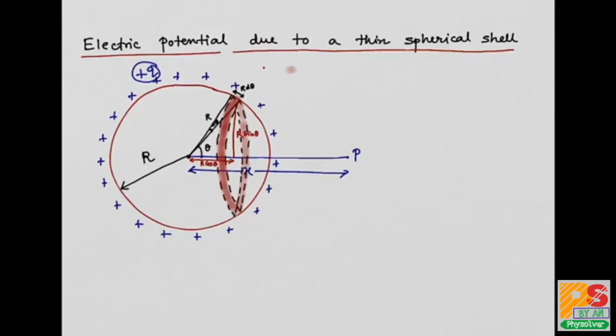Therefore, due to this ring, we will find the electric potential at this point P.